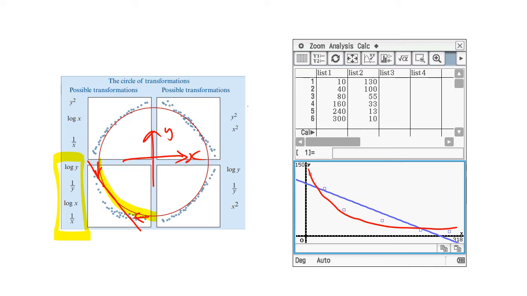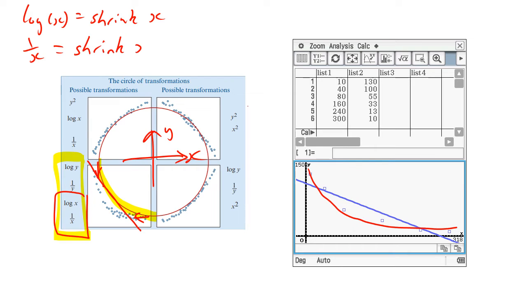So you can see that log y and reciprocal y and log x, reciprocal x are shrinking. So I'm just going to do these two. We could do all four, but that would mean a longer video repeating the same things. Log of x is a shrinking function, so we're going to make the x values smaller, and reciprocal x, or inverse x depending on your notebook, is also a shrink x.